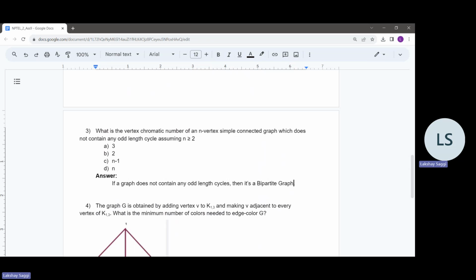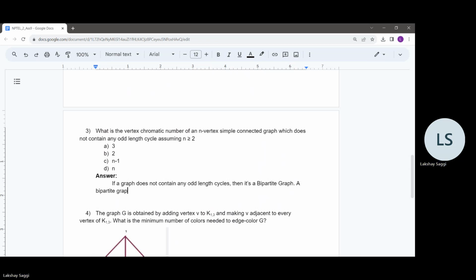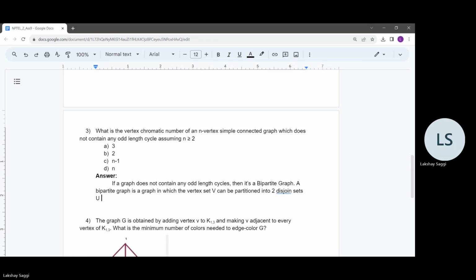A bipartite graph is nothing but a graph in which, let me write it down, the vertex set V can be partitioned into two disjoint sets U and W, such that all edges of the graph have one endpoint in U and the other endpoint in W.